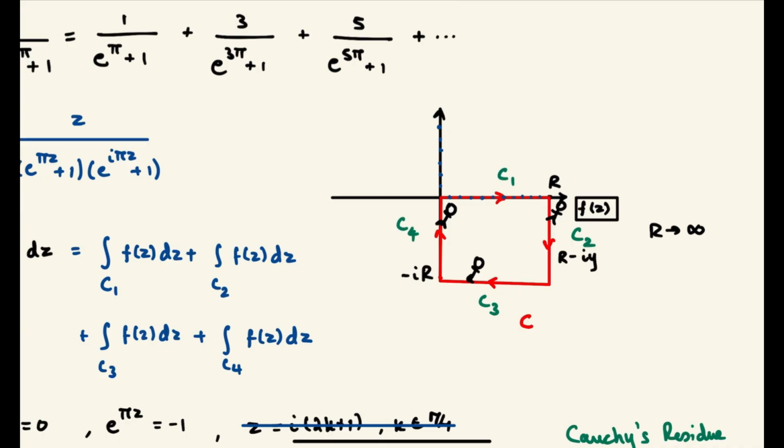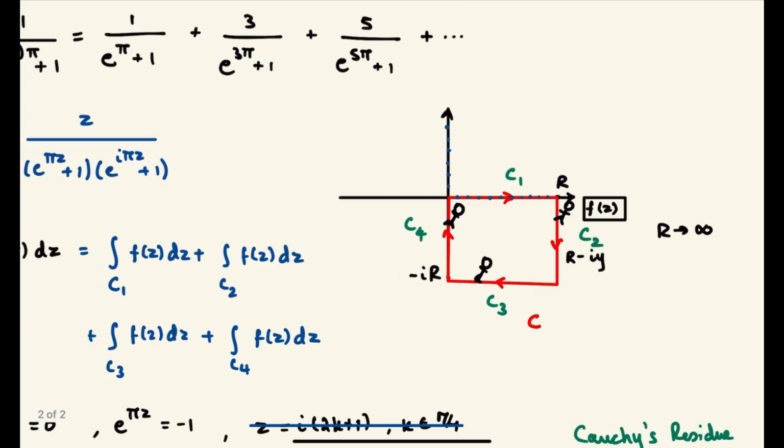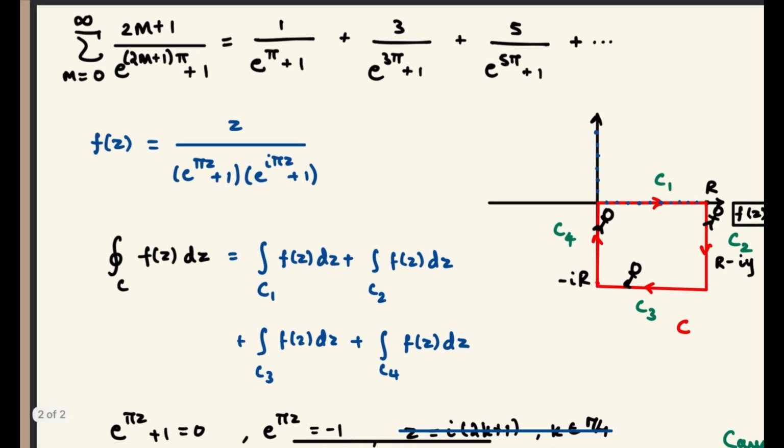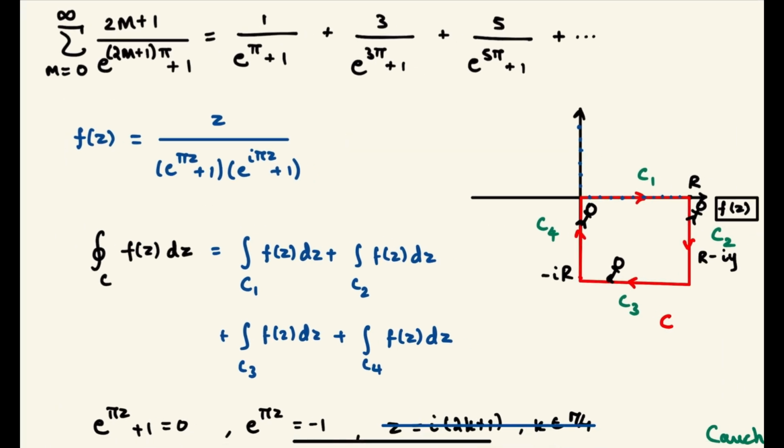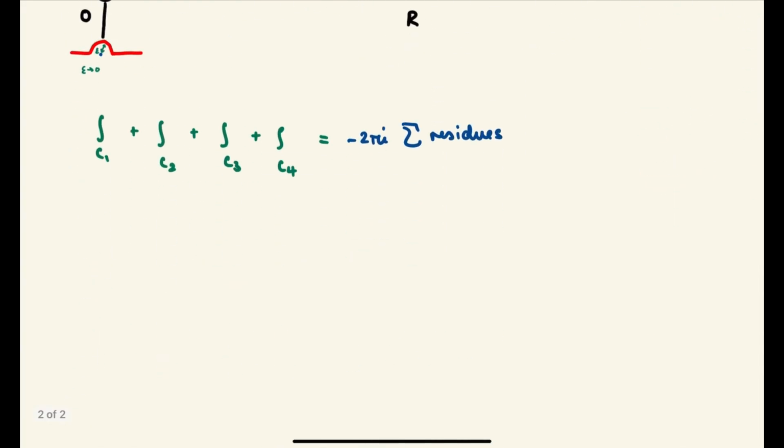And then imagine you're walking around the C4 bit, which is that sideways line there. And see what happens as r goes to infinity. Think about this function and see what happens as r goes to infinity. That's a mini challenge for you guys. So we know that this integral is going to be 0, this integral is 0, and this integral is 0.